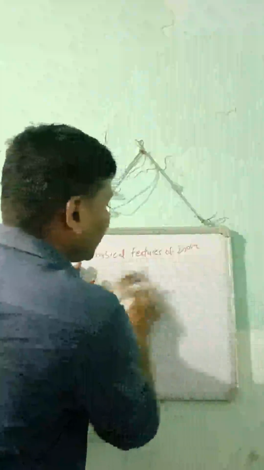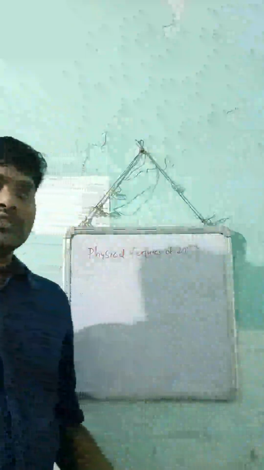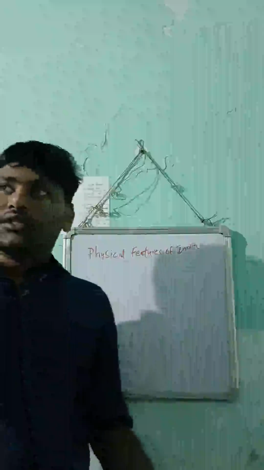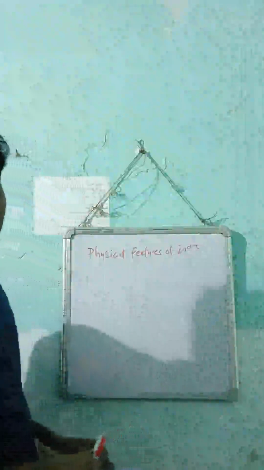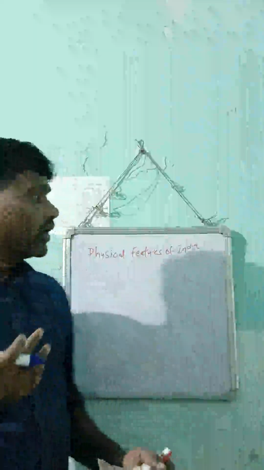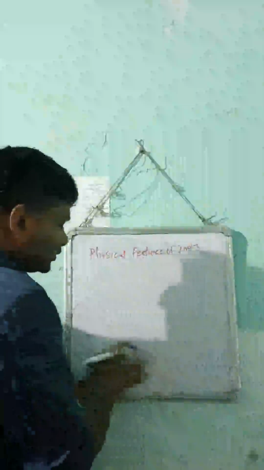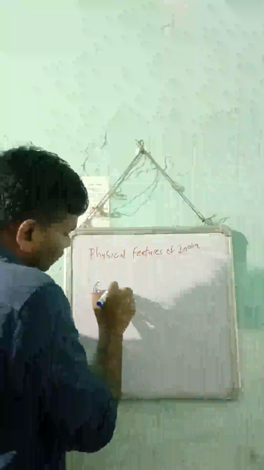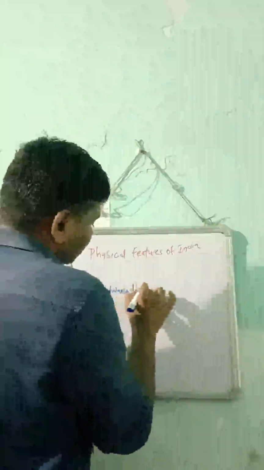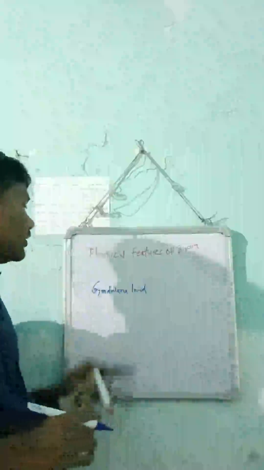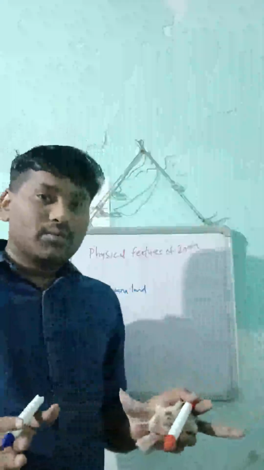Do you know, one of the oldest landforms on the earth is our peninsular plateau. Our peninsular plateau was once a part of Gondwana land.